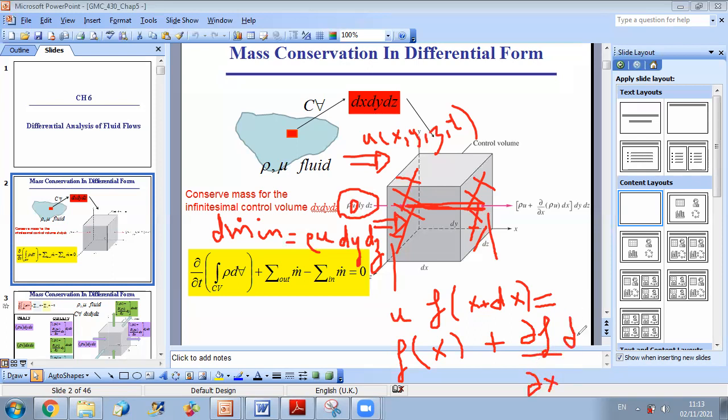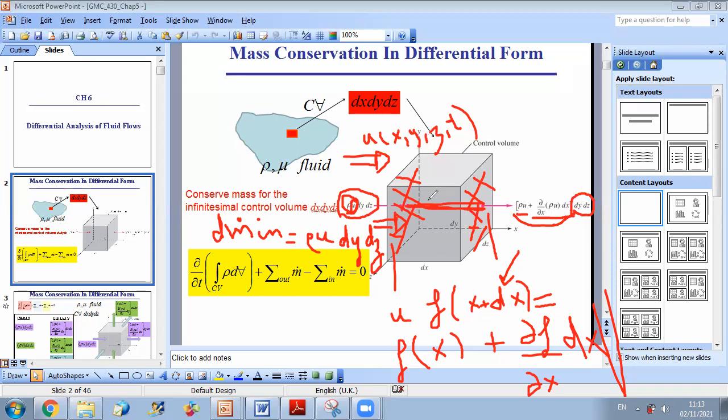If we apply this on rho u, because sometimes rho can also be variable, then the value of rho u at section x plus dx, applying Taylor expansion and truncating to the first derivative, is rho u plus del by del x of rho u times dx. And don't forget to multiply by the area, which is the same dy times dz.